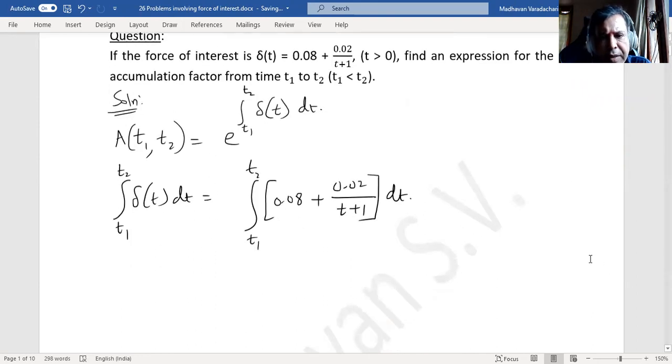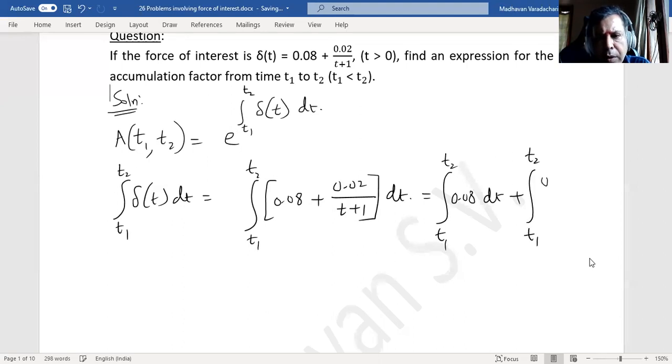Now we can split this into two integrals: one is the integral from t1 to t2 of 0.08 dt, plus the integral from t1 to t2 of 0.02 dt divided by t plus 1.